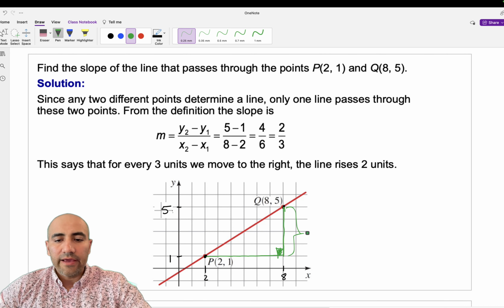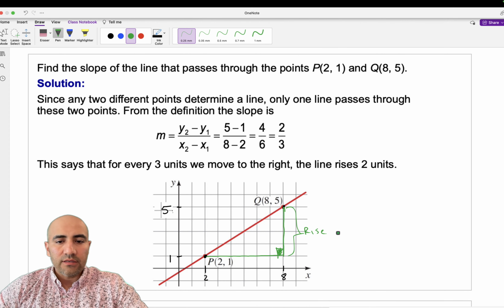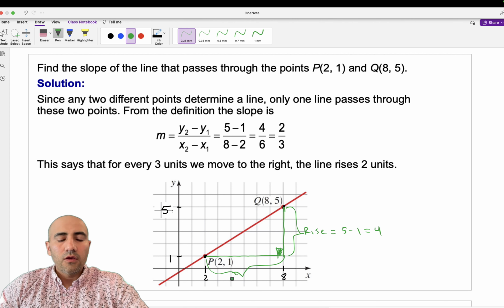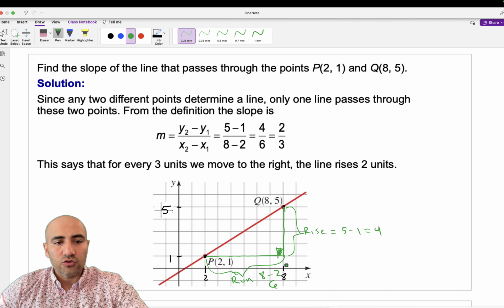So here is the rise, which we saw was equal to the change between a 5 and a 1, which is equal to 5 minus 1, which is equal to 4. In this direction, we have the run, which is the 8 minus 2, which is a 6. Okay, so then the ratio is 4 over 6, which reduces down to 2/3.